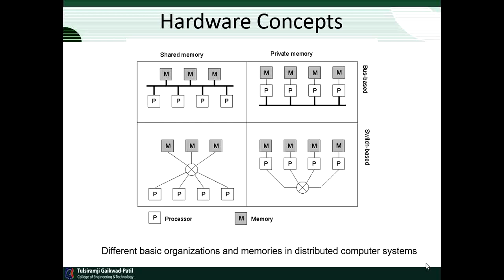So the processor can use the memory which is shared on the link, and this link will be able to provide connections, and the memory is distributed over the network and used by the processor.